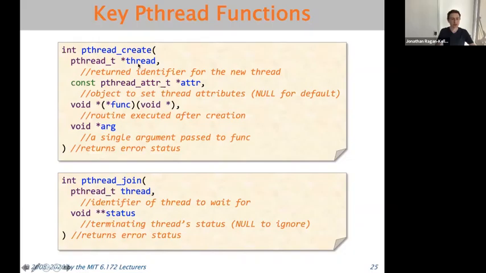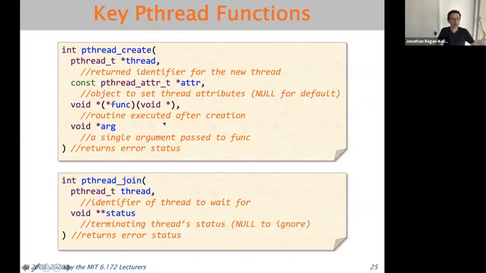So this first argument is where pthread create is going to return the identifier struct for the thread that we just created. The second argument is a set of thread attributes, which can control various aspects of how the thread's going to work. For our purposes, doing really simple parallel programming, this is just null. We get all the default configuration.